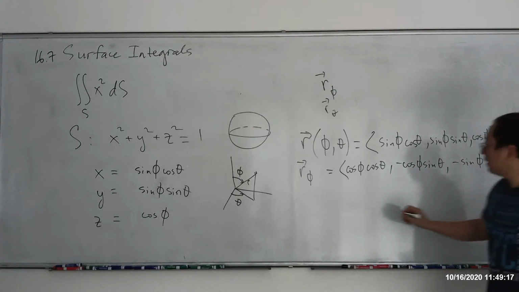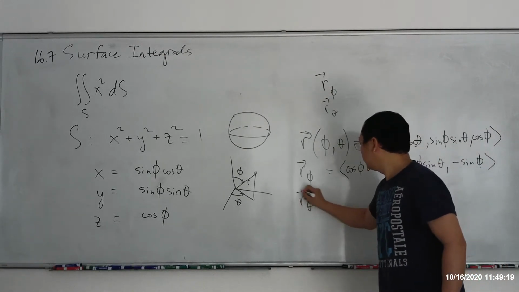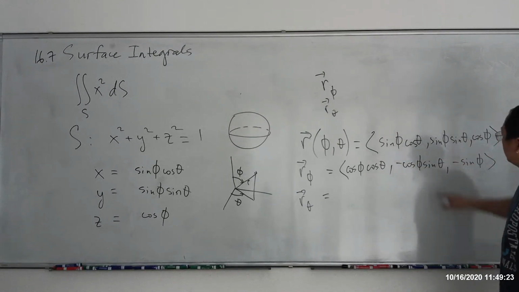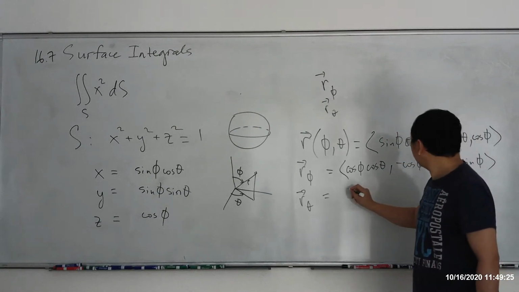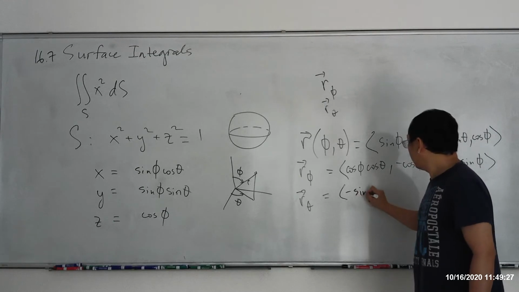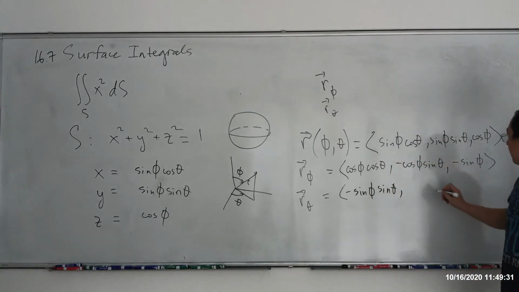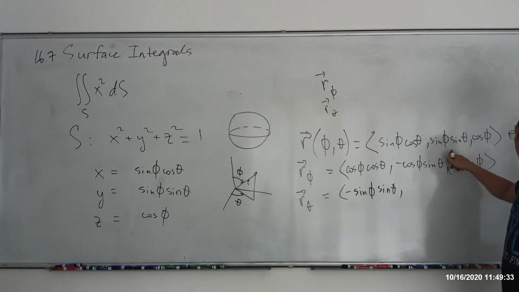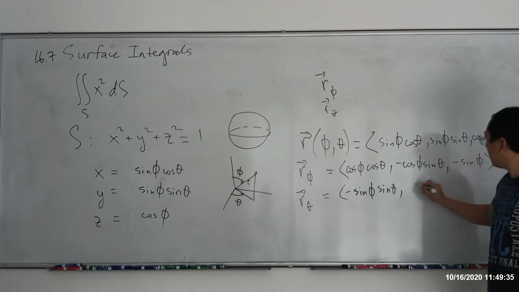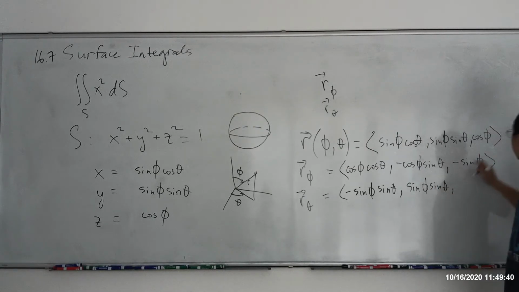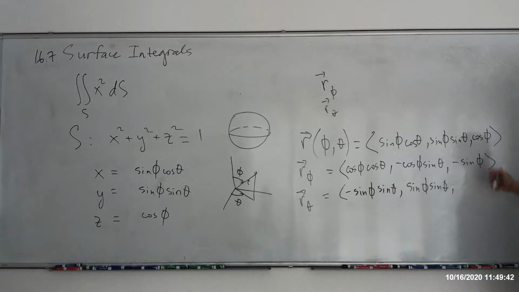Then r_theta: now phi is a constant, right? The derivative of cosine theta is negative sine, so negative sine phi sine theta, comma, the derivative of sine theta is cosine, so sine phi cosine theta, and then the derivative of cosine phi with respect to theta is 0.